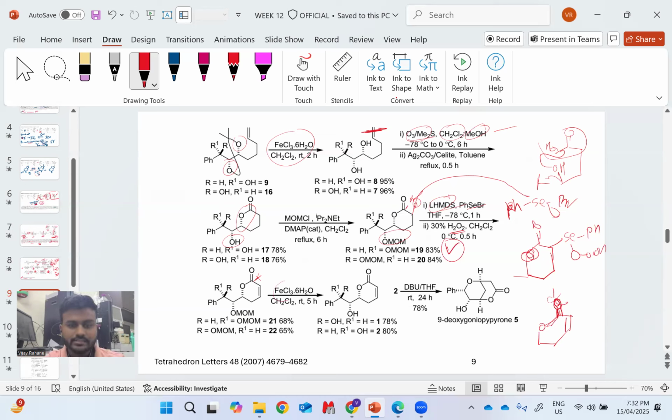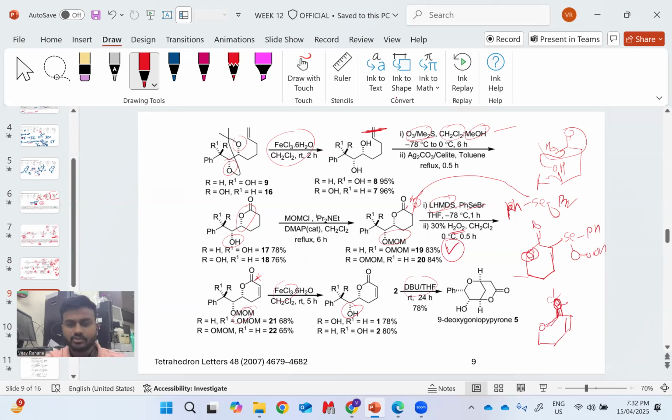Then you can see here addition of FeCl3. What does the FeCl3 do? It deprotects this MOM protection, and we get the free hydroxy group. Further, to this free hydroxy group, DBU-THF is added at RT.